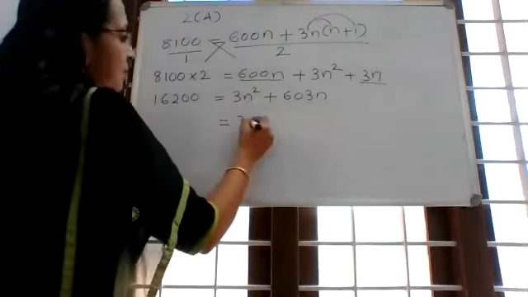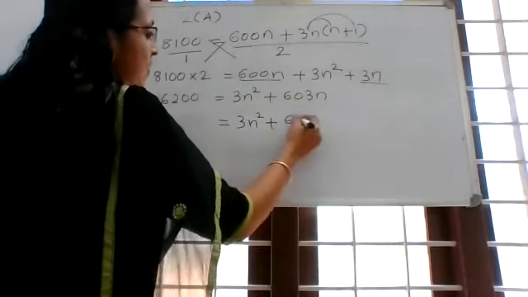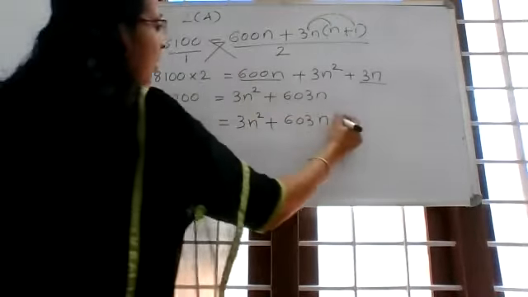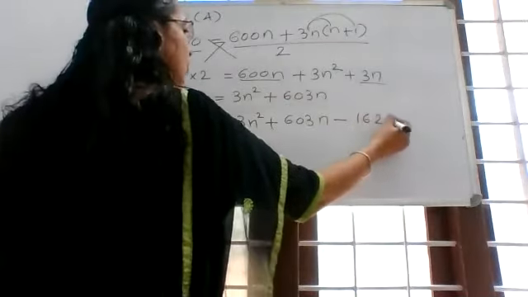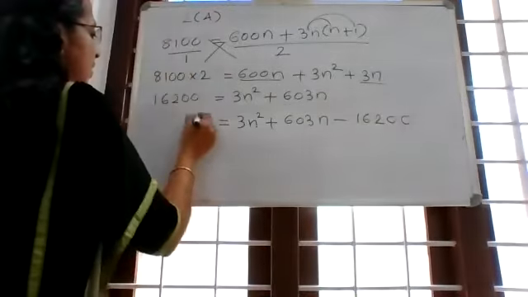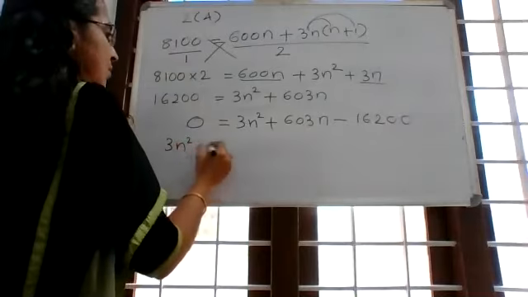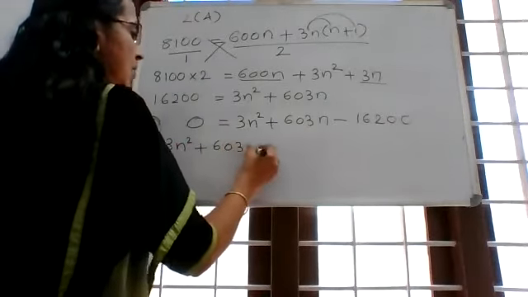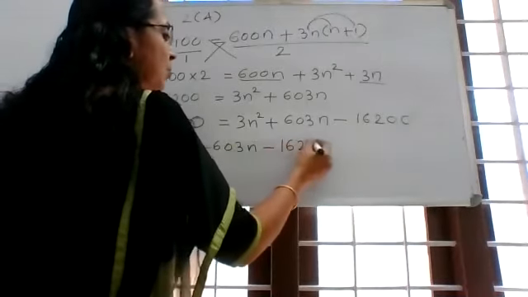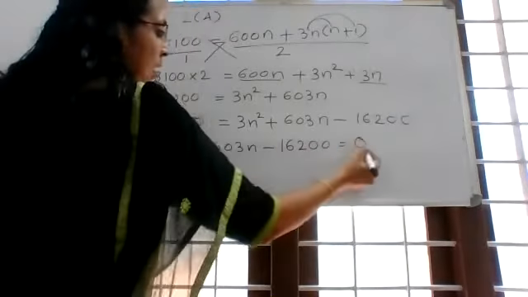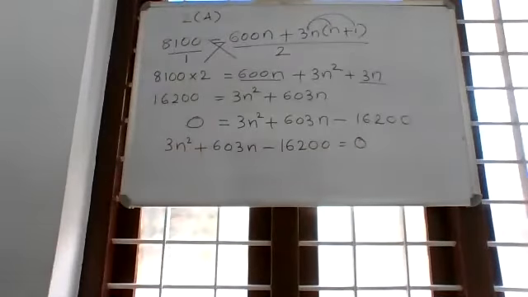Then 3n square plus 603n minus 16200 is equal to 0. 16200, nothing is there, so we can put 0 there. Rearrange this.